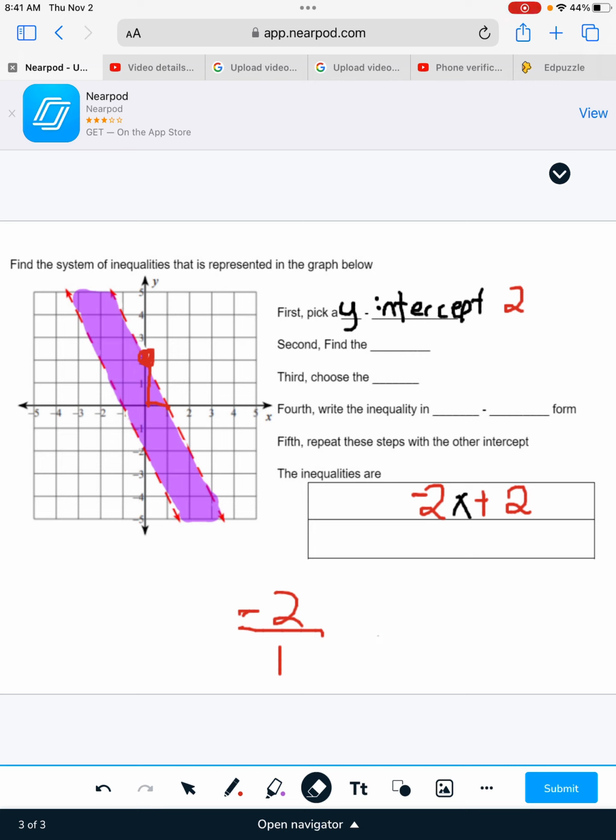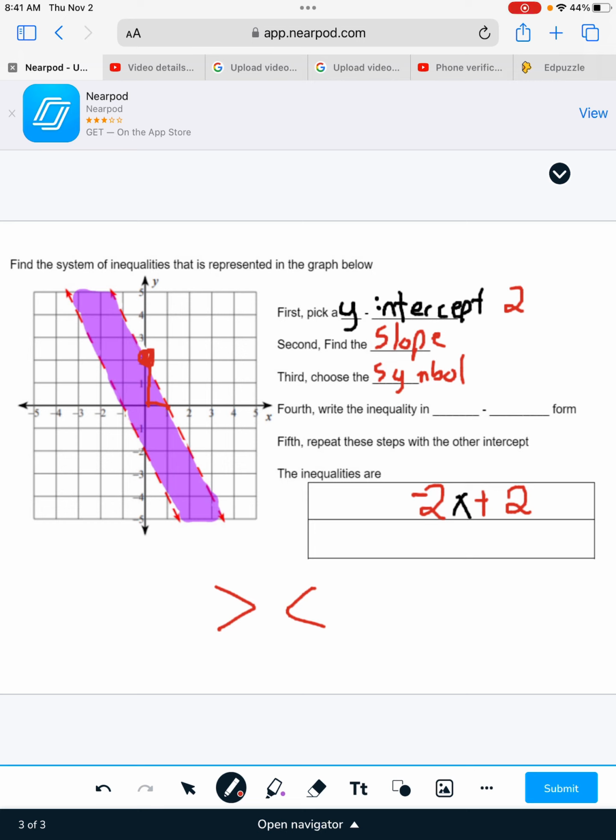Oh, by the way, the third thing I want to talk about is going to be the symbol that we're going to use. When we talk about that symbol, we're talking about if we're shading above or below, as well as if the line is dotted or dashed. It's dashed, so it's either greater than or less than. Not equal to, though.